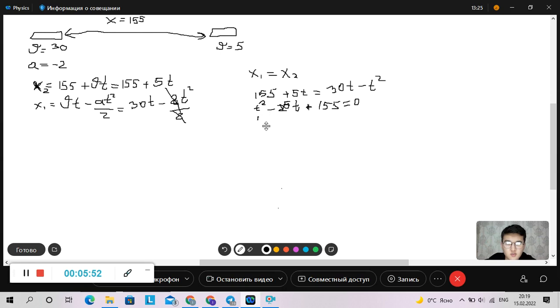In this case, I will find t with the discriminant. t1, t2 is equal to minus b plus minus the root of b squared minus 4ac, over 2a. Everybody knows this formula.